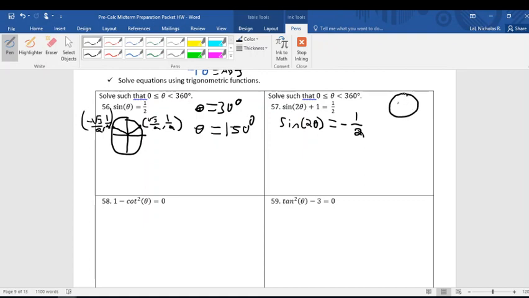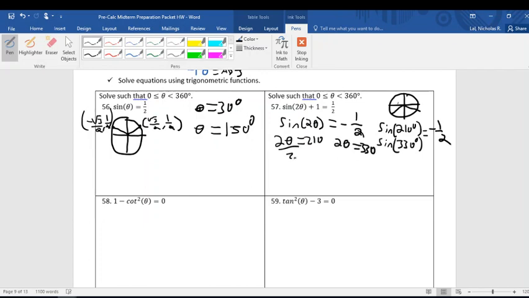That's going to be these angles right here. So that's going to be the sine of 180 plus 30, 210, and the sine of 330, so 210 degrees and 330 degrees. Those are both equal to negative 1/2. So 2 theta equals 210 and 2 theta equals 330.